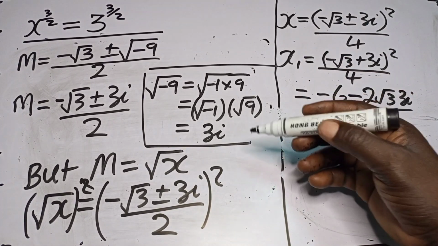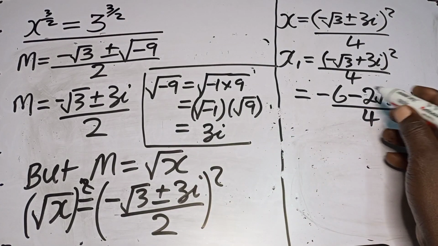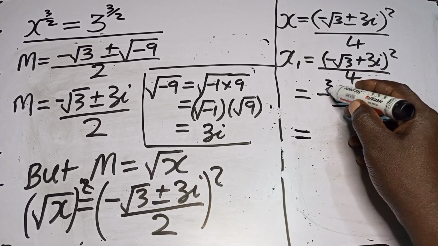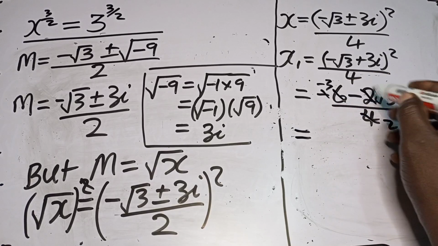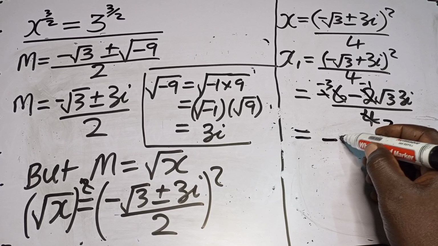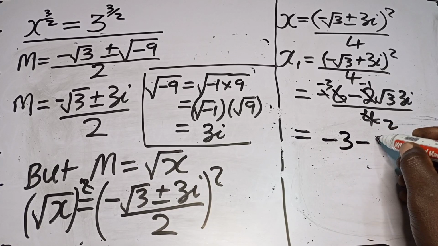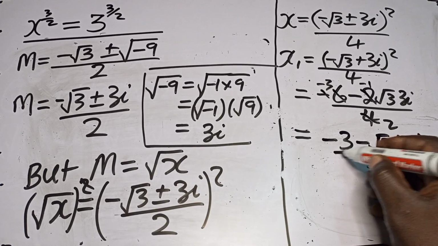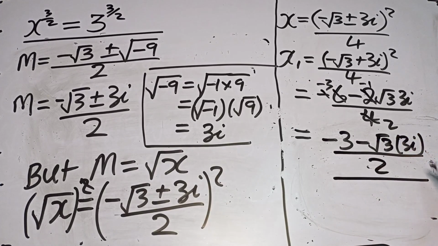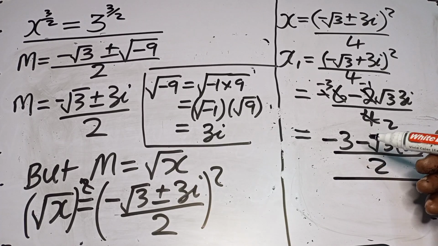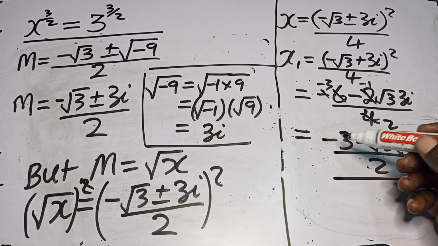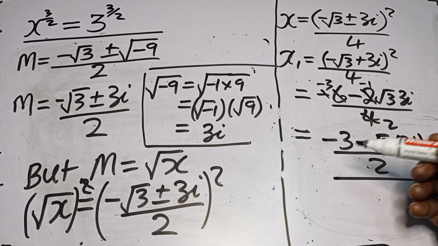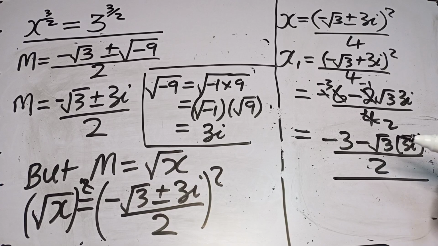We see that 2 can divide all around. 2 here, 2 there, negative 3, and 2 here, negative 1. So we have negative 3 minus root 3, 3i all over 2. This is the first value of x from this complex root.